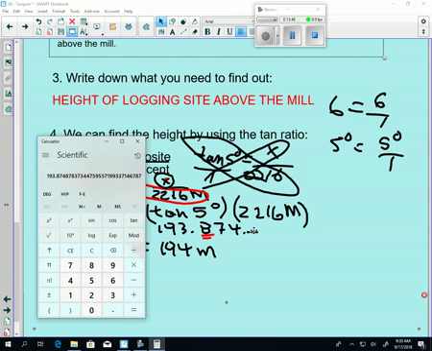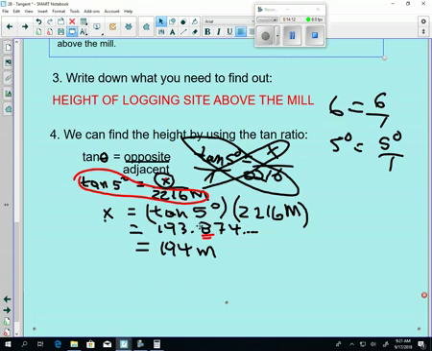Whole bunch of numbers. I don't need to put them all down. I just put 3. Remember, the third number is less than 5. We don't round up. We leave it the same. So it'll be 193.87. If I want to round it to the nearest whole number, I look at that decimal. It's greater than 5. So that means it goes from 193 to 194.